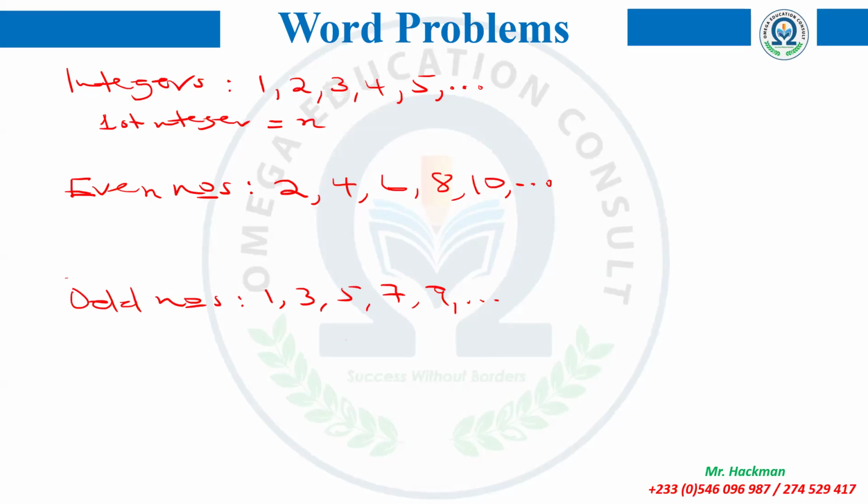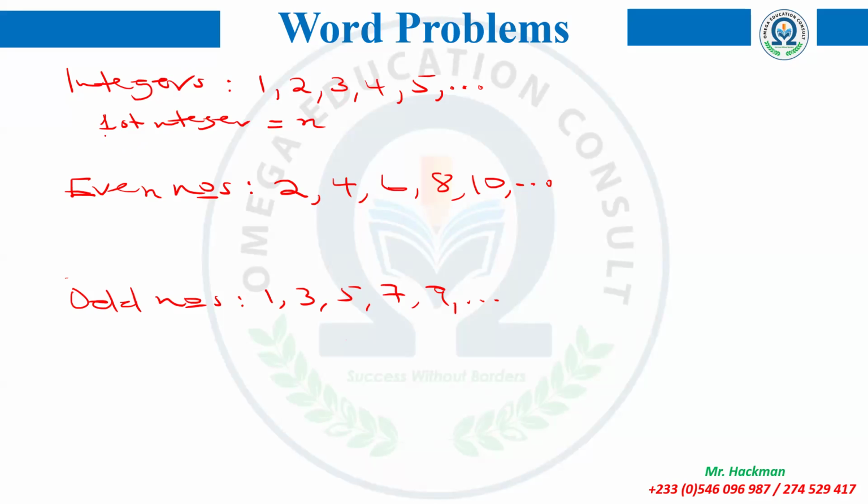If my first integer is x, how would I get my second integer? Look at the pattern of the integers that we have there. x plus 1. Do you all agree, my professors? So you can see that your integers will be increasing by 1. If you know the first one, the second one you get by adding 1. The third one, you add 1 to the second one and what have you.